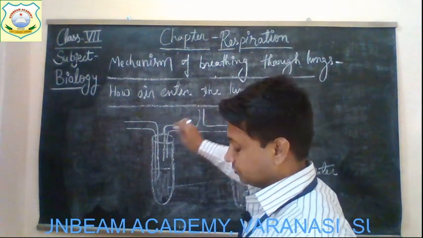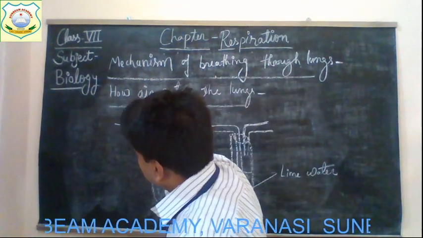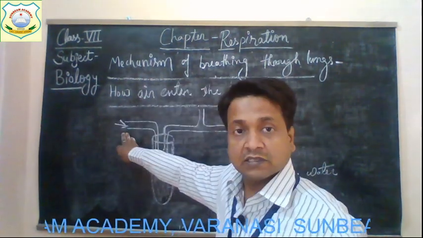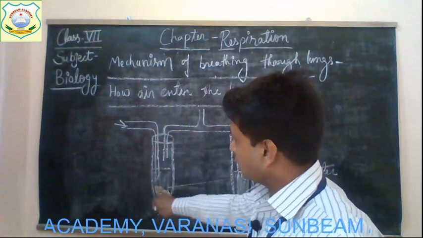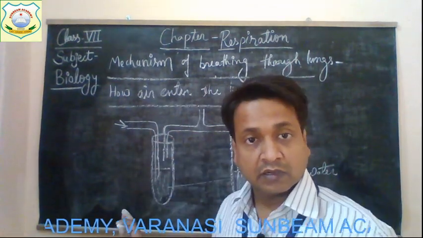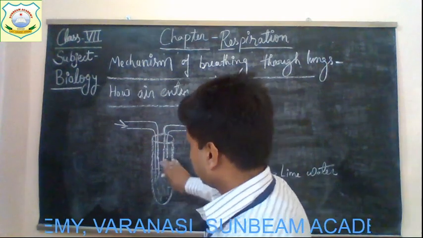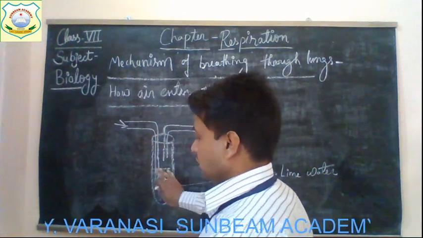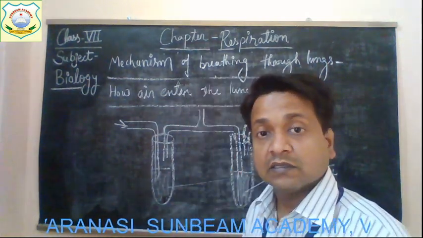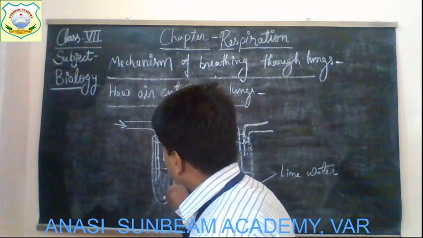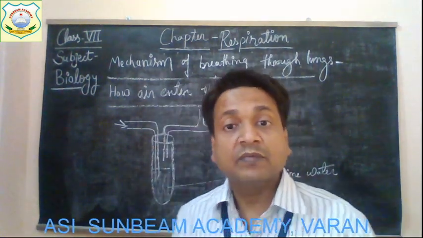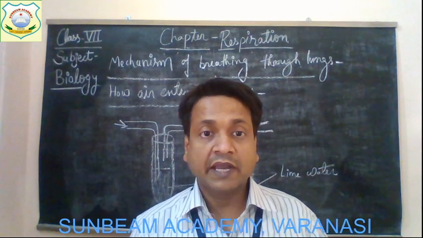And now here, as the air enters through this tube, it goes to the lime water. Get it, children? And when it enters the lime water, it turns it, yes. So as you know, air has some carbon dioxide also.